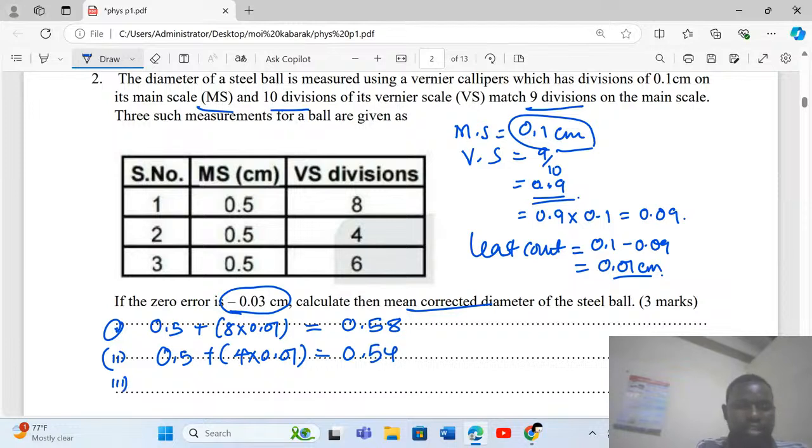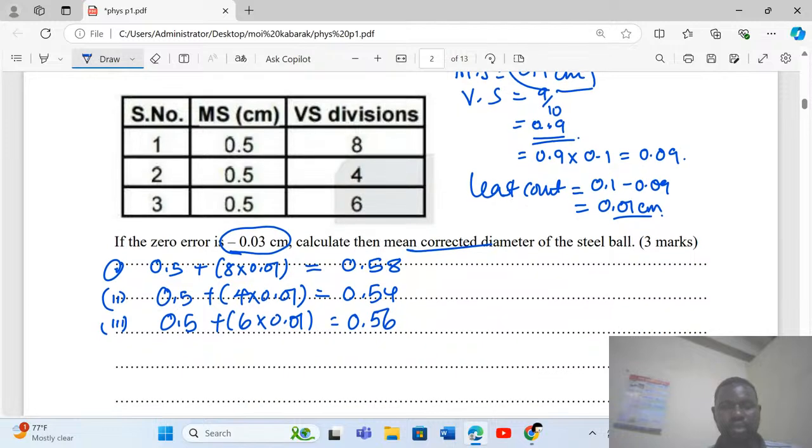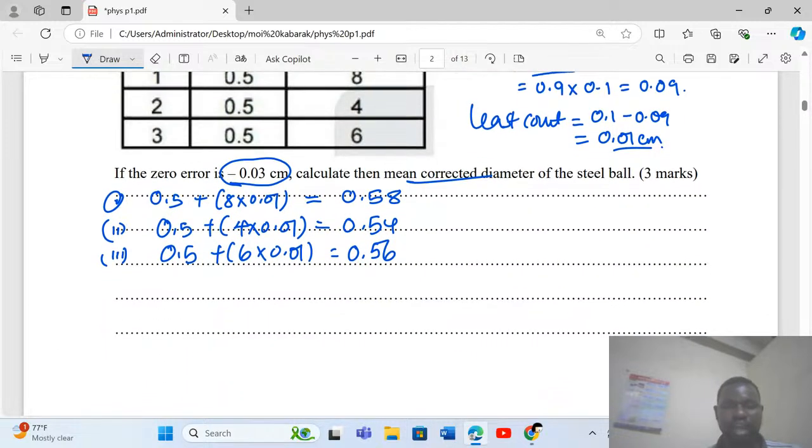The third trial will be 0.5 plus 6 times 0.01, and this is 0.56. Then in this case, you are now going to get the average.